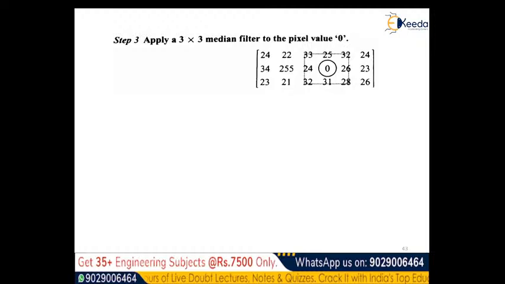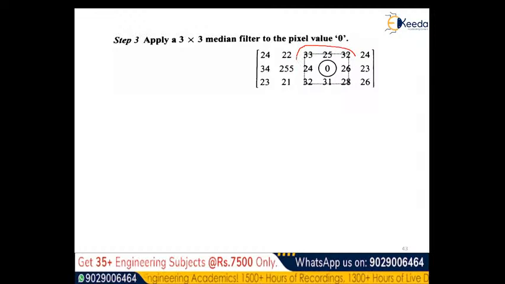Next, we apply it again to the right hand side by sliding it. As we talk about salt and pepper noise, 255 is the representation of the salt noise, and this is the pepper noise represented by the 0 pixel intensity. Now this has to be replaced by determining a median.